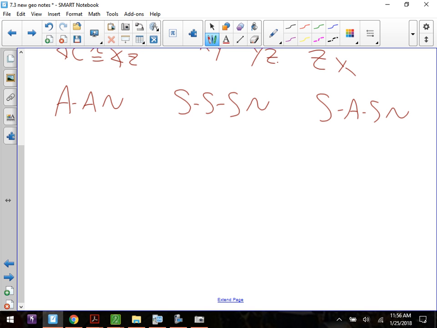One of the reasons we call it angle-angle is that you have two angles between two triangles that are congruent to each other. I'm just going to talk about each one of them.